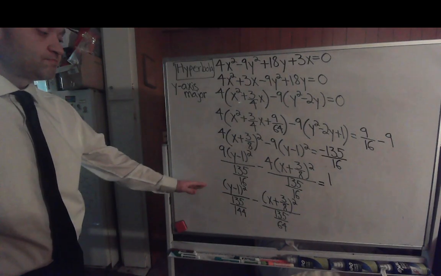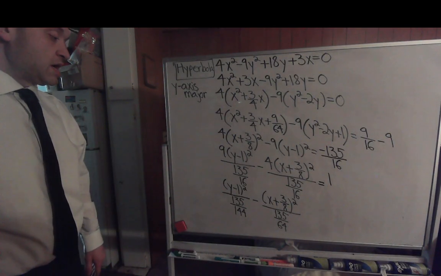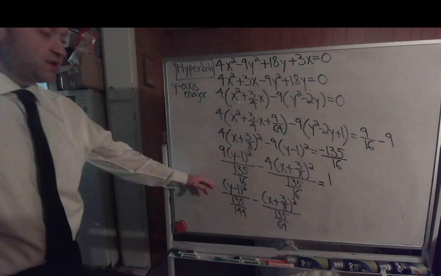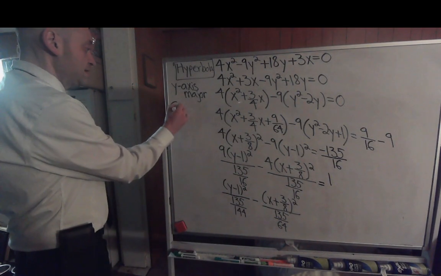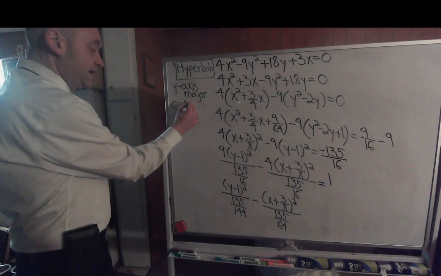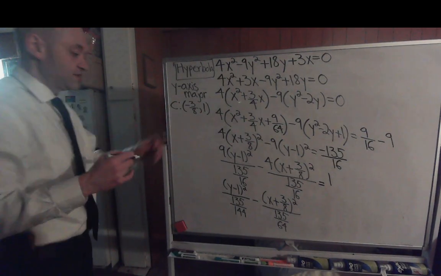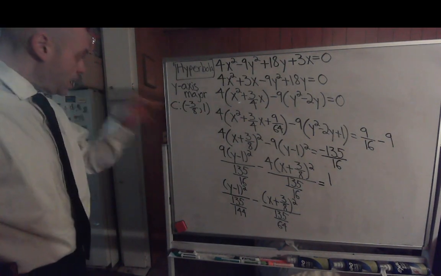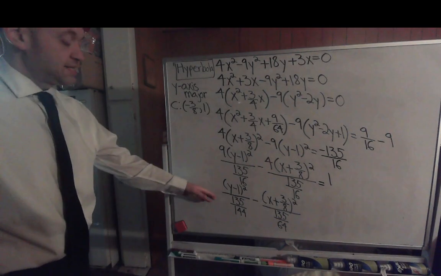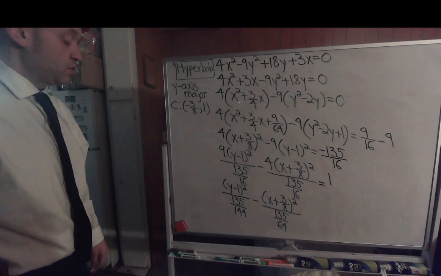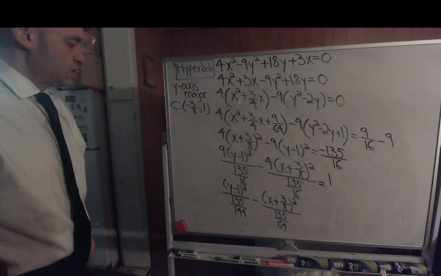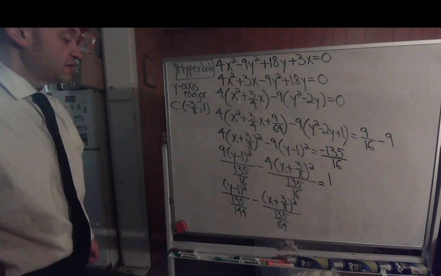Now, definitely then our center is going to be at negative 3/8, positive 1. That's our center. But the y-axis is the major axis, so 15 times 8 is 120, 15 times 9 is 135.